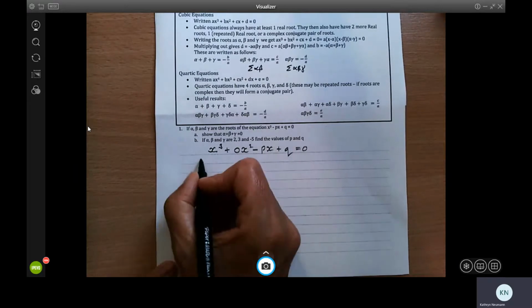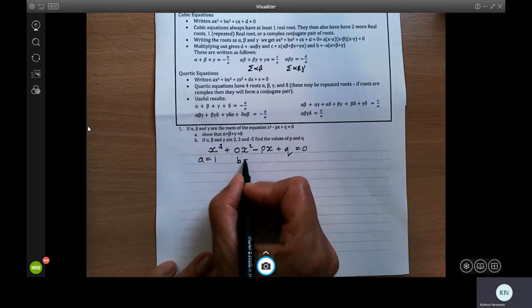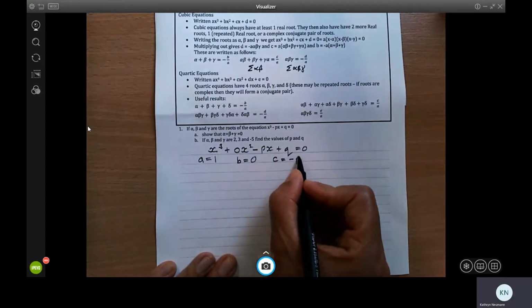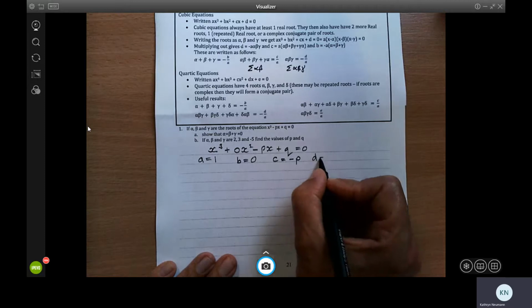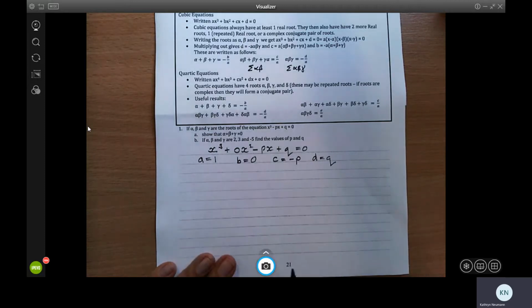Then I would write underneath each of the values: a, b, which is 0, c, which is minus p, and d, which is q. This is a common trap they set in exam questions, so you need to watch out for that.